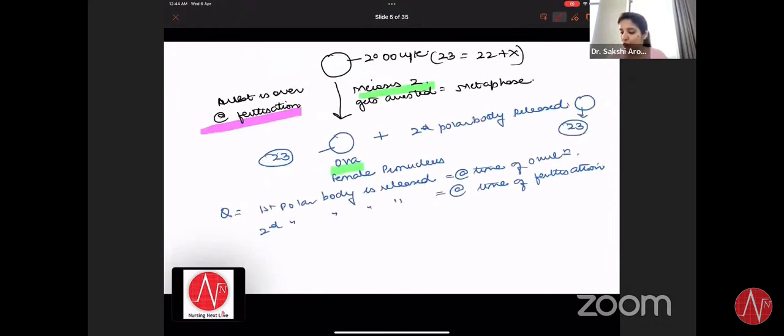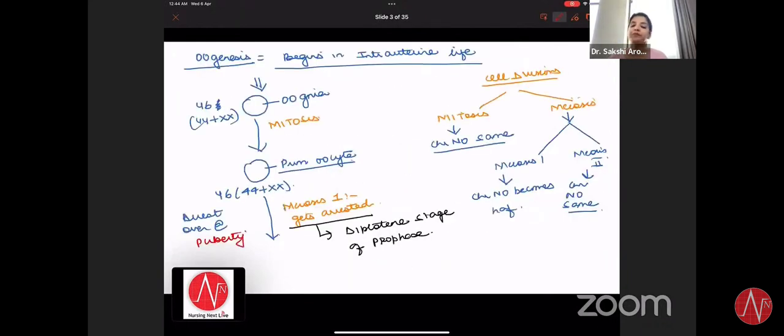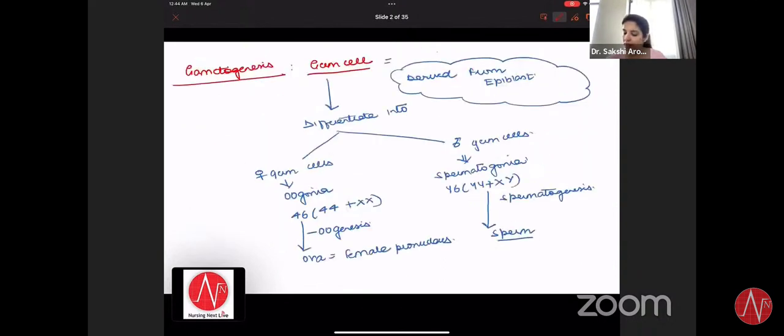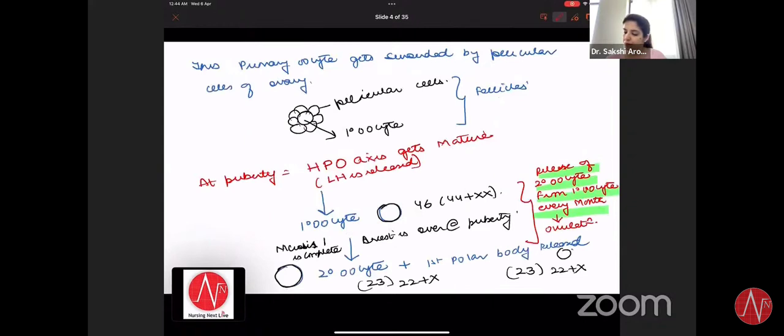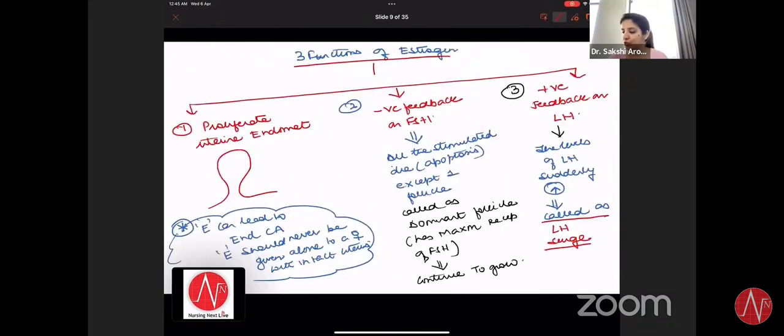Just now, when we were talking about oogenesis, I told you that at puberty the arrest is getting over. The meiosis 1 arrest is getting over because the HPO axis is getting matured and LH is being released. So now we understand that the stage has come when LH is released and now ovulation has to happen. So what is this LH going to do?